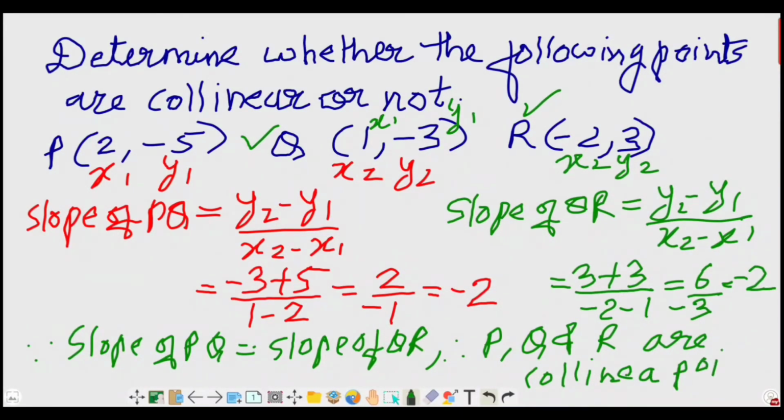So if you find any two slopes, and both the slopes are equal, the points are collinear. But if slopes are different, then points are not collinear.